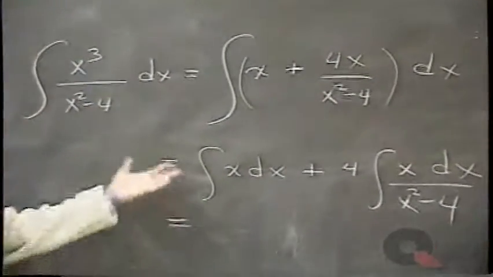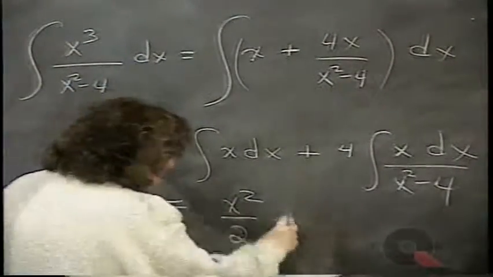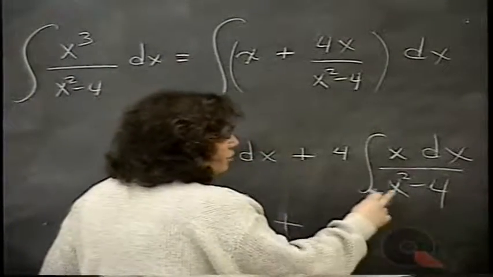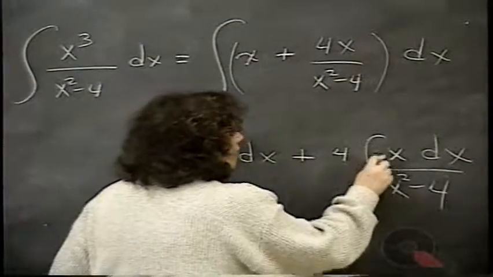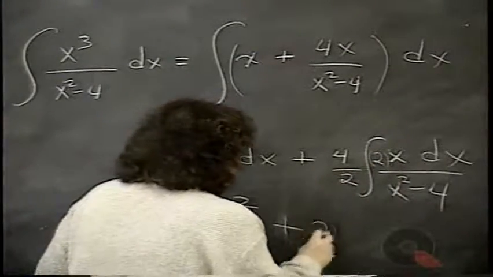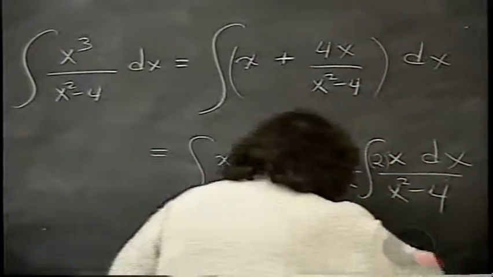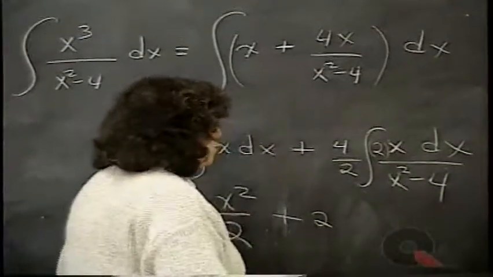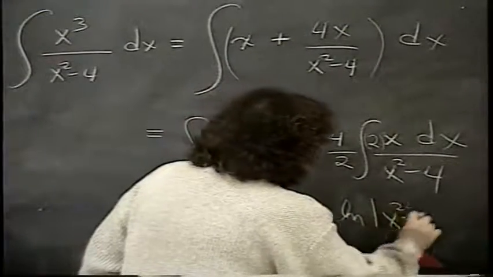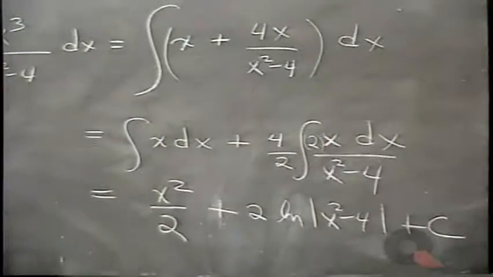Okay, now the integral of x to the first power is, of course, x squared over 2. We just did this problem. If you remember, if u was x squared minus 4, du was 2x dx. We multiply by 2 on the inside, divide by 2 on the outside. This becomes 2 times the integral of du over u, or 2 times the natural log of the absolute value of x squared minus 4 plus c.